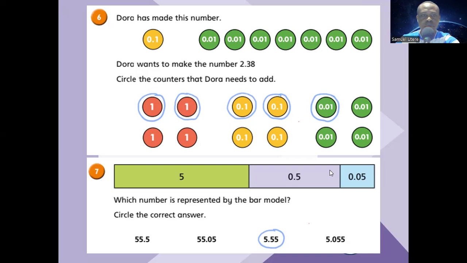Okay. Next, which number is represented by the bar model? Remember, in the bar model, we always add them. So this is 5 ones, 5 tenths, and 5 hundredths. So this will be 5.55.